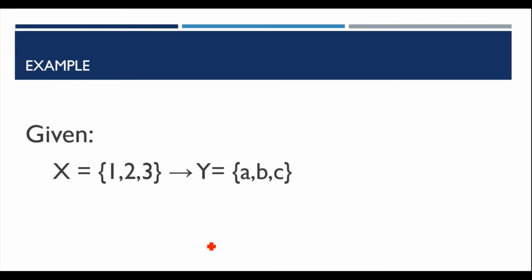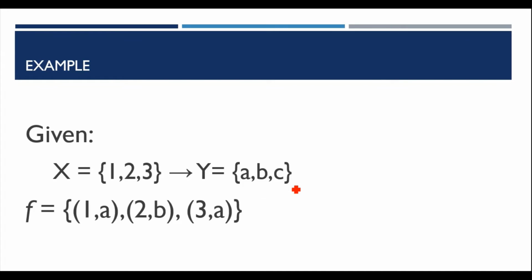Now we go to the example. Let us assume that the function is from X, equal to 1, 2, 3, to Y, which comprises A, B, and C. Here is the example of the function: the set of the function out of these elements is 1A, 2B, and 3A.